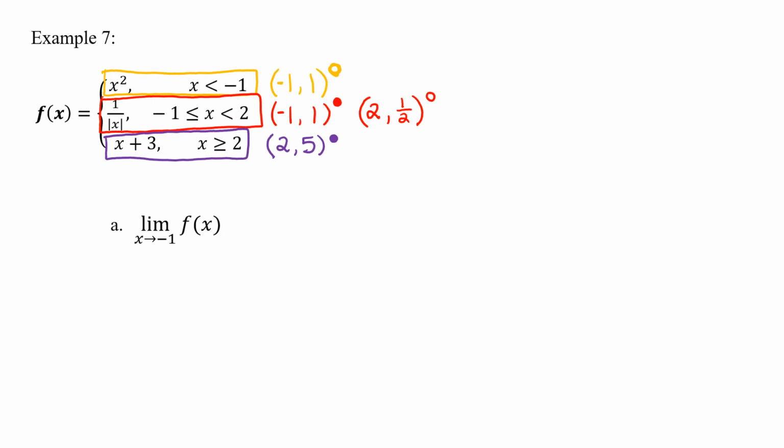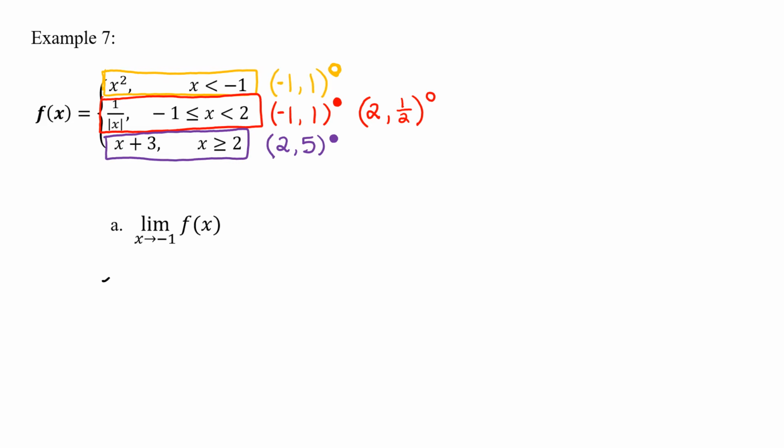And now we want to take a look at the limit as x approaches negative 1 of f of x. Well, as x approaches negative 1, we're switching between the x squared part of our function and the 1 over the absolute value of x part of our function. So this means that since we're switching, we'll need to check the left and right hand limits.